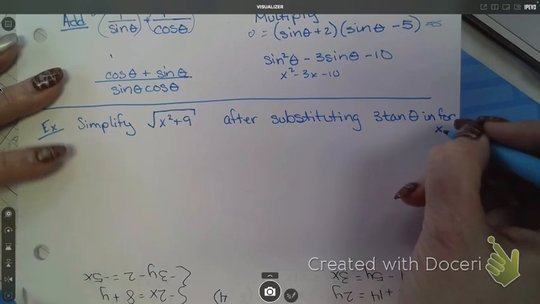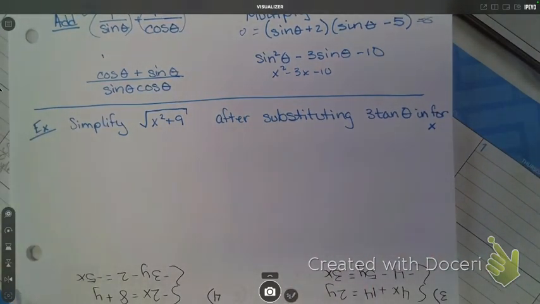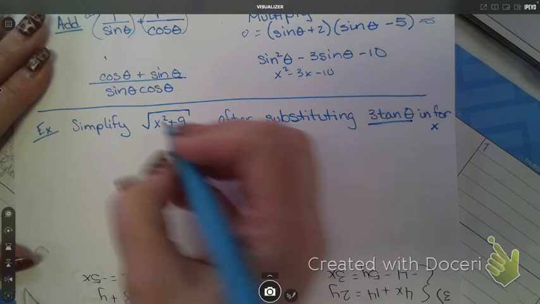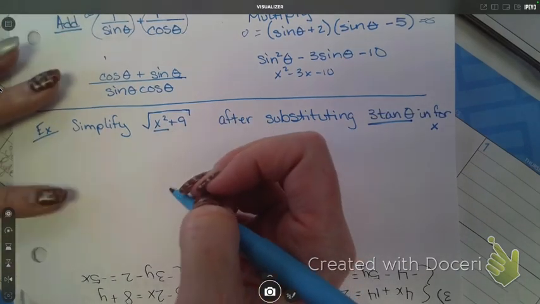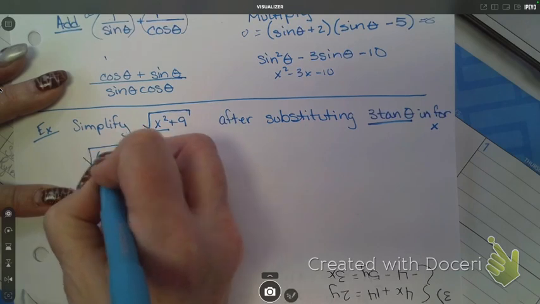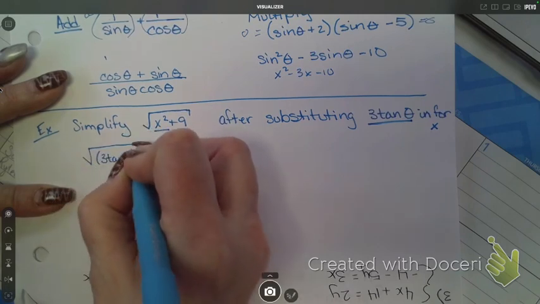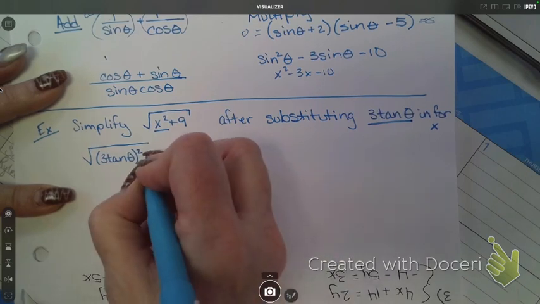That's legitimately what it says in your homework. So what do you need to do first? Substitute 3 tangent theta in for x. So the square root of (3 tangent theta) squared plus 9.